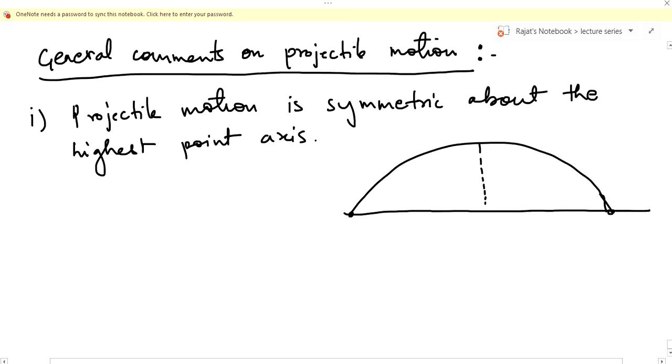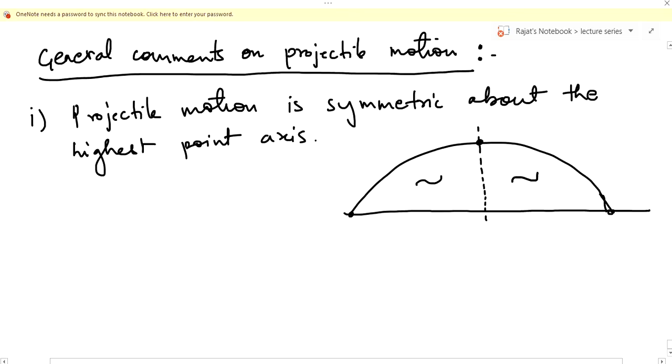So this is the highest point, and highest point axis means an axis passing through the highest point. So obviously projectile motion is symmetric. This region to the left of the axis is the same as the region right of this axis. Now when I say same, what does it mean?